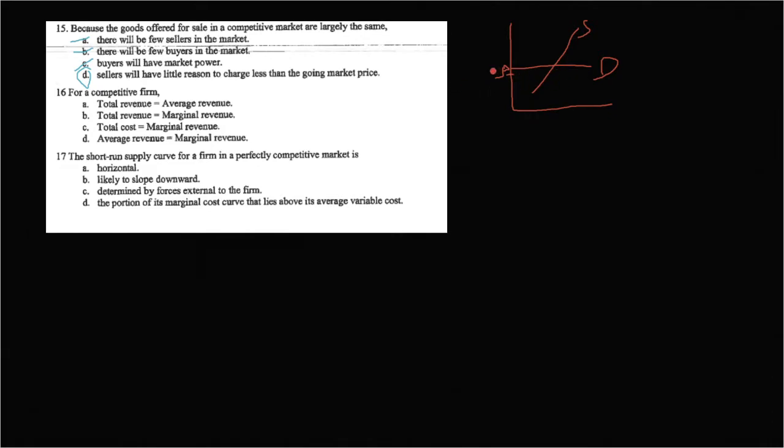So if he tries to sell it for less than the price, then he will not be able to sell anything. So there is basically no reason.